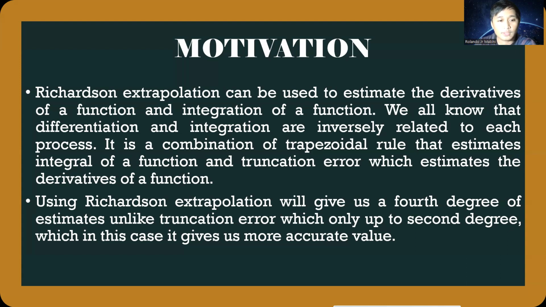Using Richardson extrapolation will give us a fourth degree of estimates, unlike truncation error, again, which is in chapter 4, which is only up to second degree. In this case, it gives us more accurate values. So this is the beauty of Richardson extrapolation.